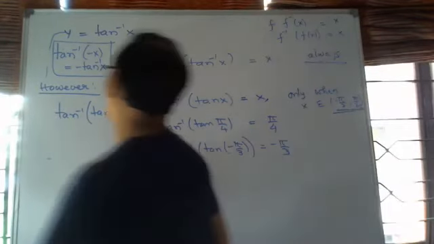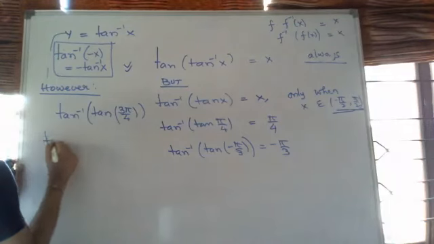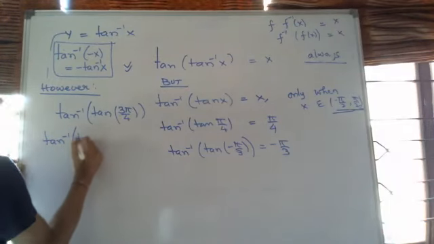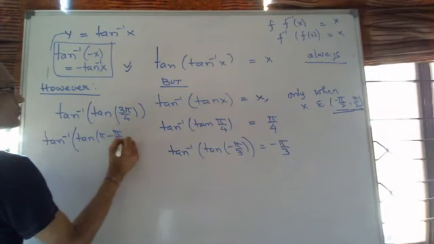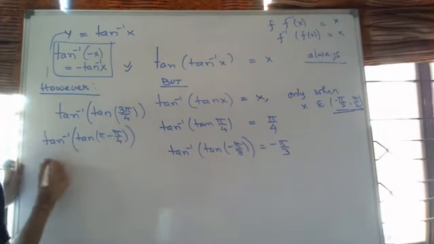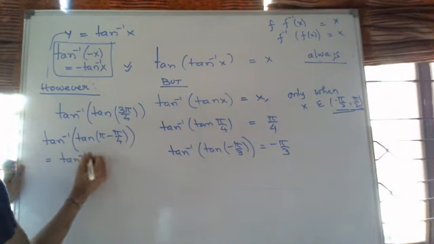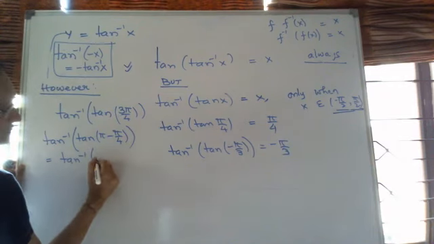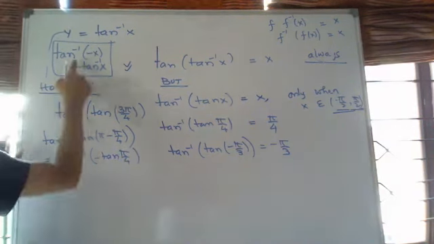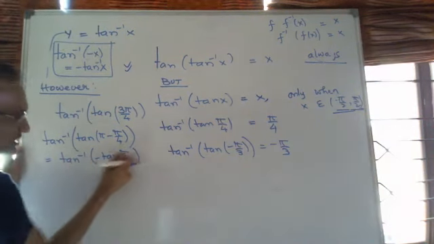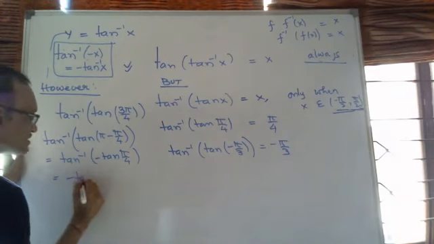Now what do we have to do? Pi minus pi by 4. Tan inverse tan of pi minus pi by 4. Tan of pi minus theta is minus tan theta, right? Since it's an odd function, tan inverse of minus something would be minus tan inverse something.